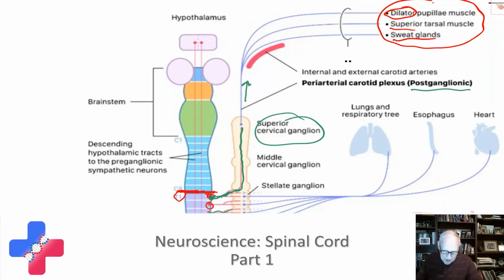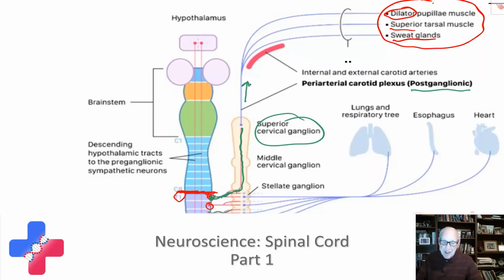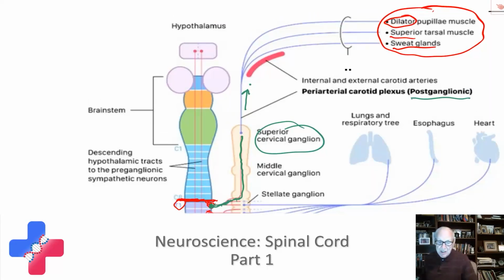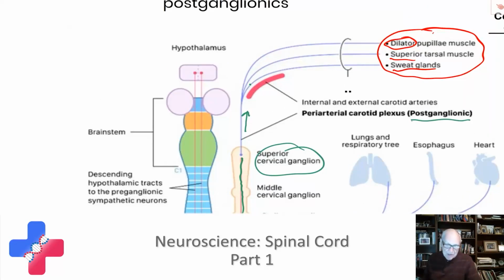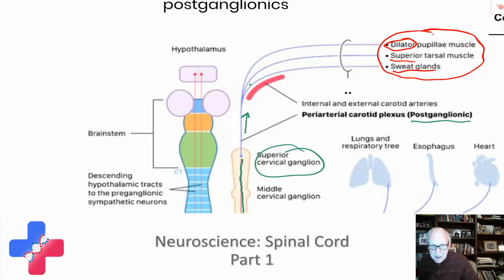Of course, leaving the chain, they have to find another mechanism to get to the head, and that is kind of a hitchhike on the vascular system. So notice these postganglionics will wrap themselves around the carotids, internal, external, and their branches. And these postganglionics become perivascular plexus.